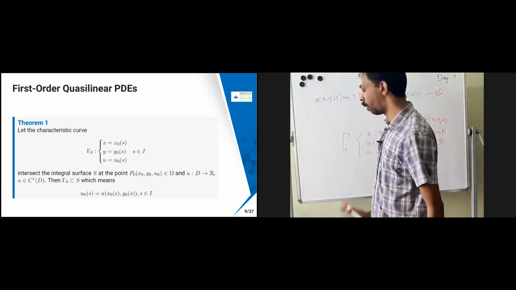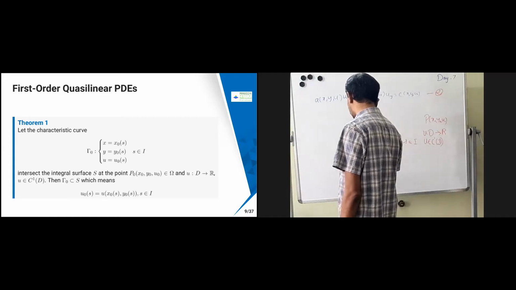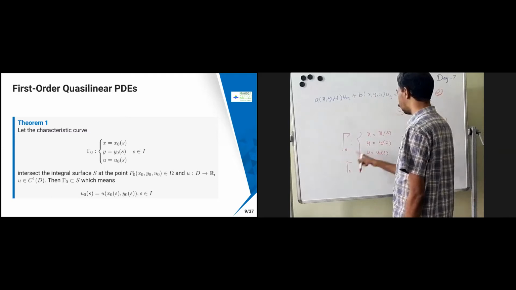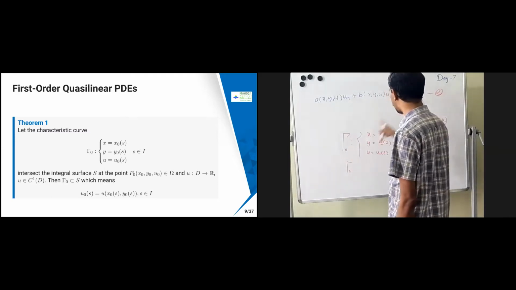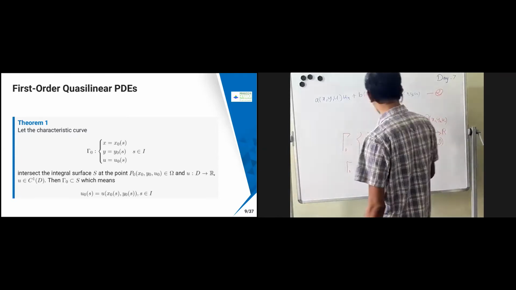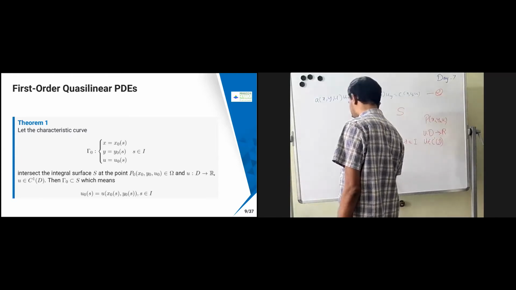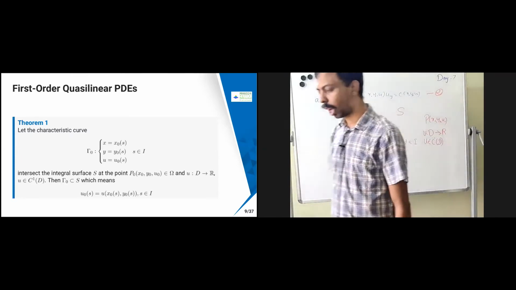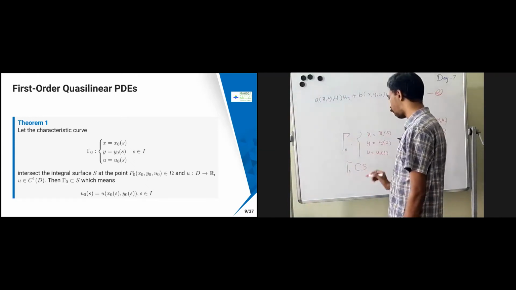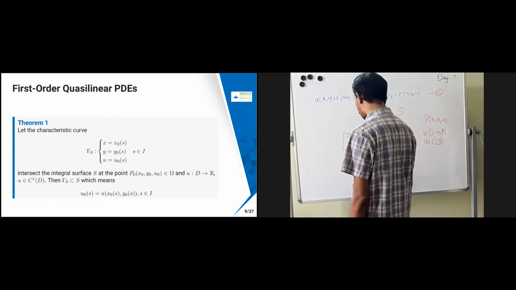Then the theorem says that gamma naught, which intersects S at a point P of x naught, y naught, u naught, is itself a subset of S. What does it mean for gamma naught to be a subset of S?